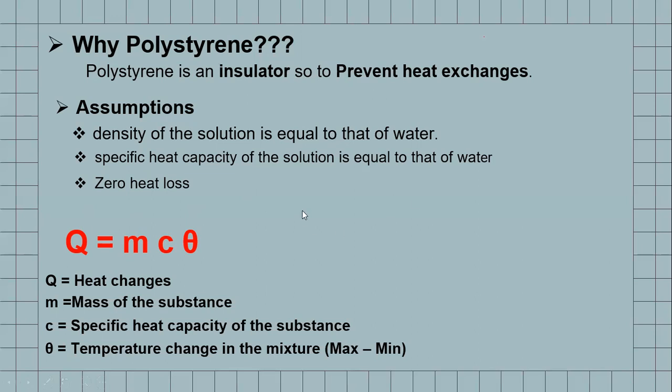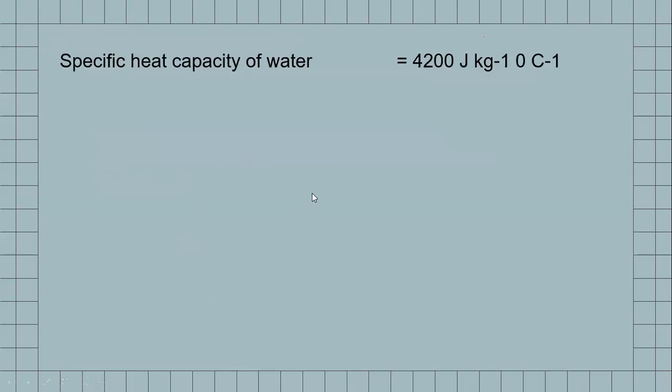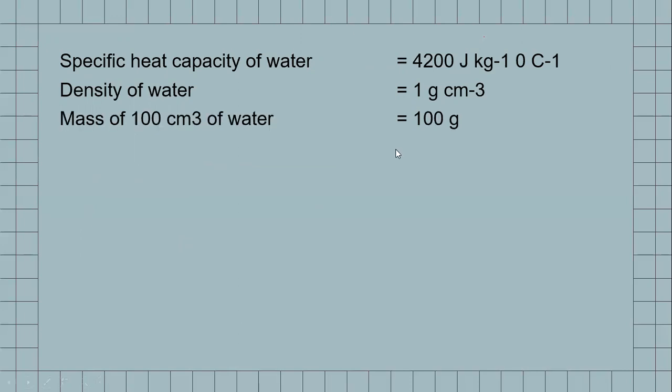Right. So let's see. The specific heat capacity of water is 4,200 J kg^-1 °C^-1. The density of water is 1 g cm^-3. So the mass of 100 cm³ of water is 100 grams.